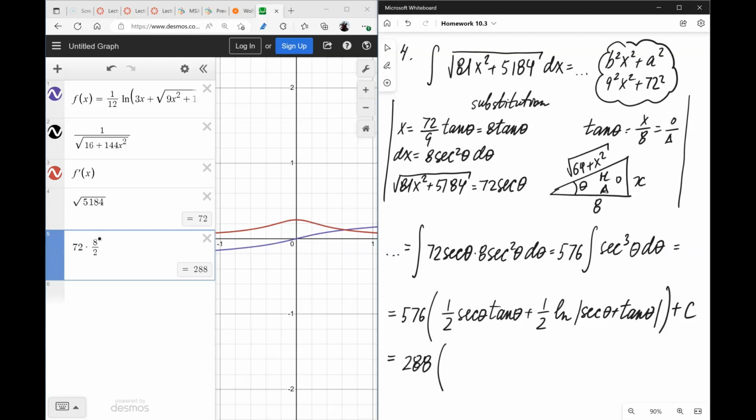It's the hypotenuse over adjacent, so it's square root of 64 plus x squared over 8 times tangent, which is x over 8, plus, I already factored 1/2, so here we have ln of square root of 64 plus x squared divided by 8 plus x divided by 8, plus c.